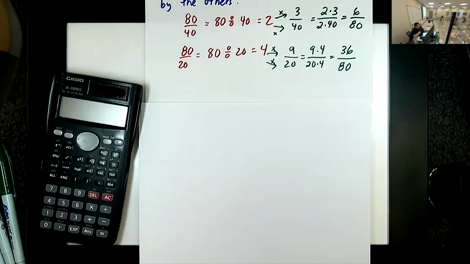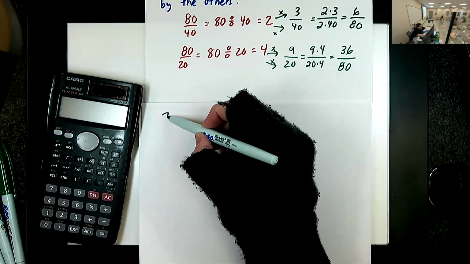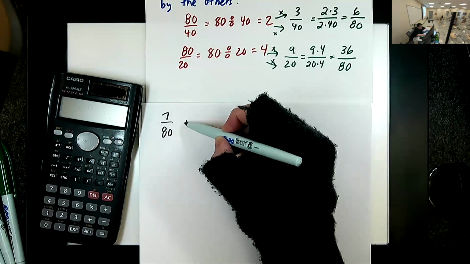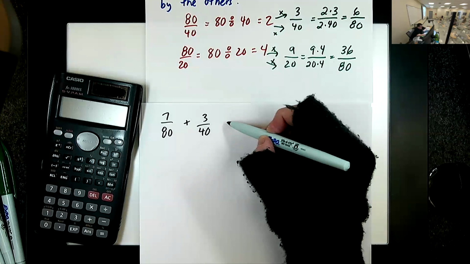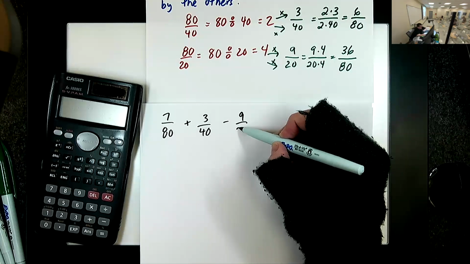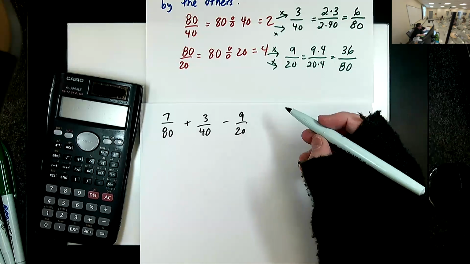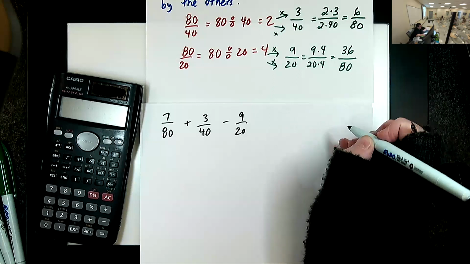So if I want to do that addition and subtraction of those fractions, the way you add and subtract fractions, you need to have a common denominator, the same bottom.